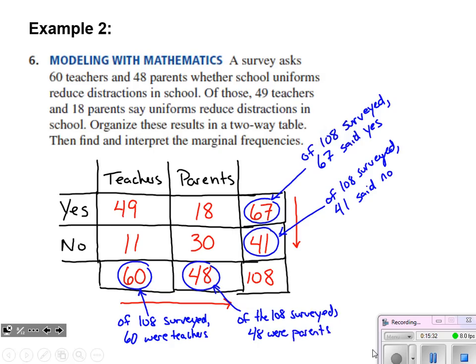I really like these exercises, even though they're not that mathematically difficult, really forcing you to look at what the table is meaning. And if we have a firm grasp on that, it really makes the math part of this very easy. So realizing what those totals are representing definitely is going to pay off for us in the long run.